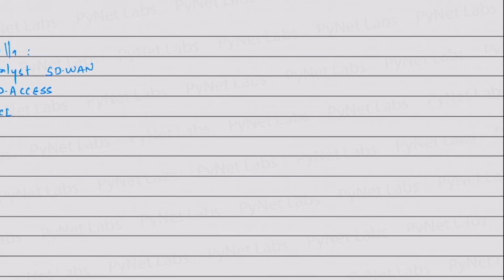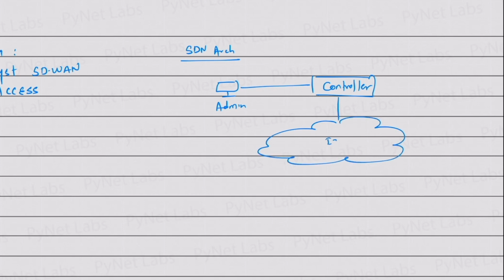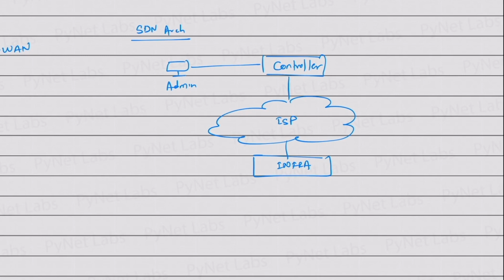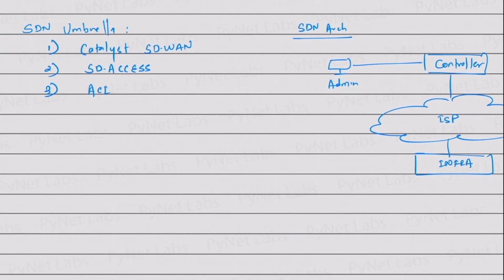Usually in an SDN architecture, you have an admin PC that speaks with the controller. The controller, connecting over any type of transport provided by your ISP, communicates with the infrastructure. The infrastructure can be anything depending on the solution you're using.